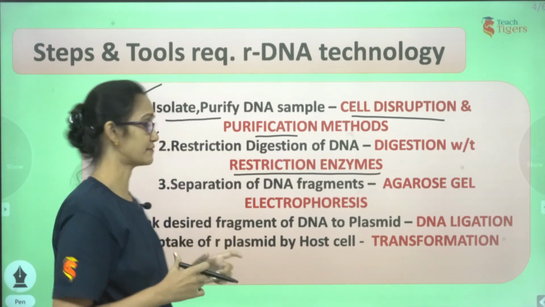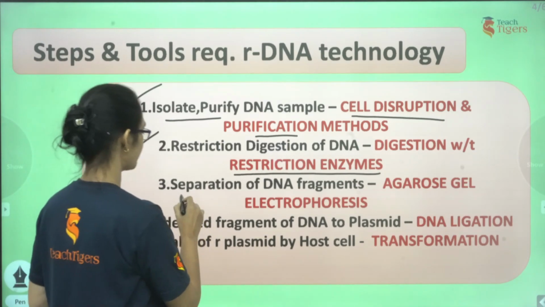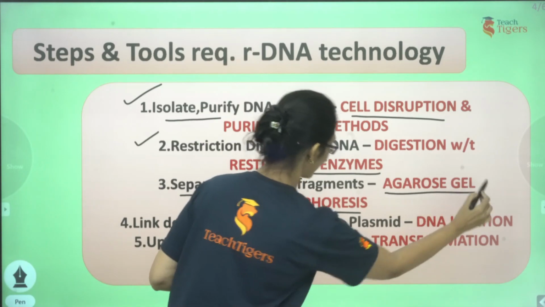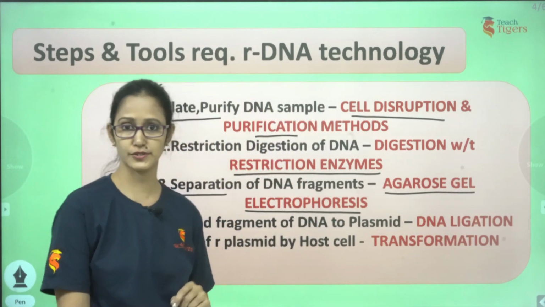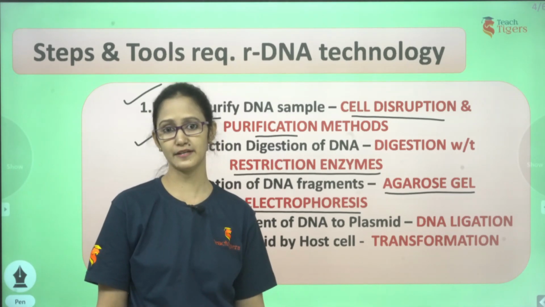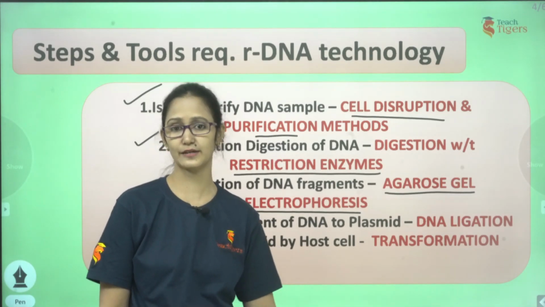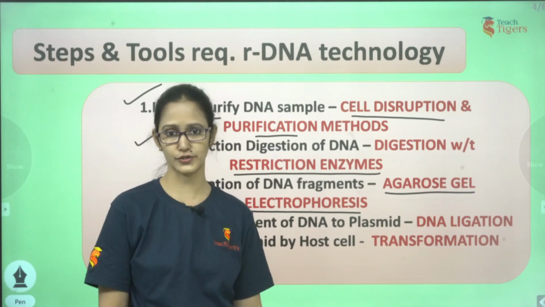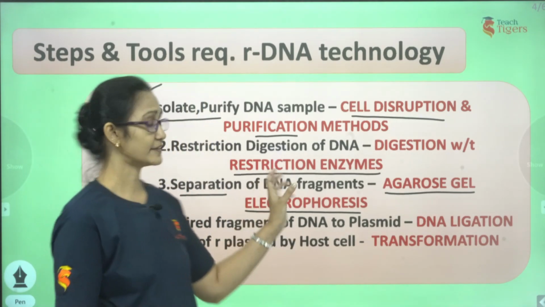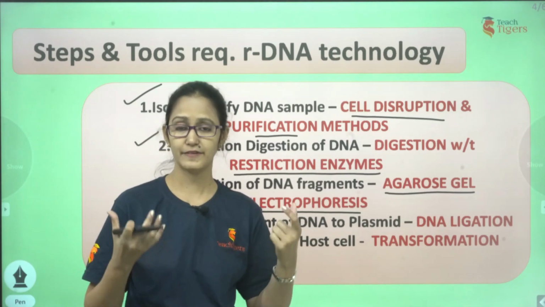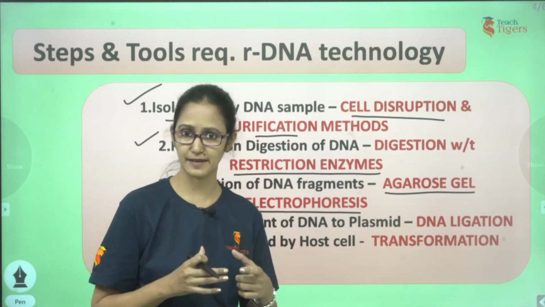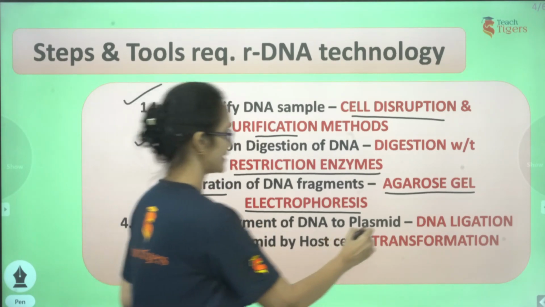Once we get these shorter fragments, these fragments should be separated based on their size with the help of another technique called agarose gel electrophoresis, right? So the fragments should be separated based on their size in a technique called gel electrophoresis. Next, after the cut fragments are taken, we are supposed to link them together with the help of another enzyme called DNA ligase.